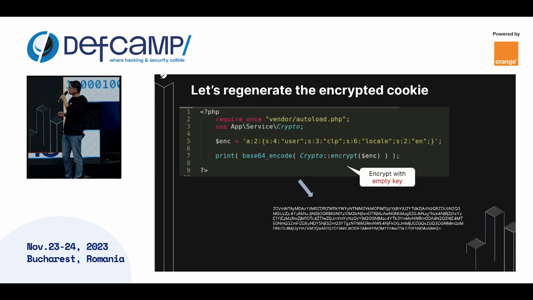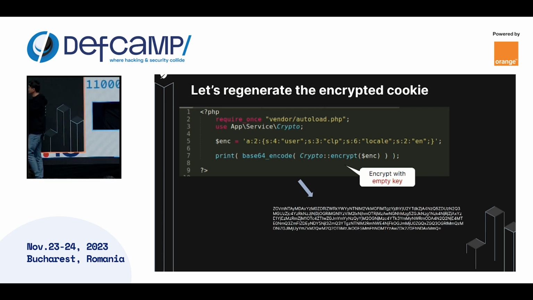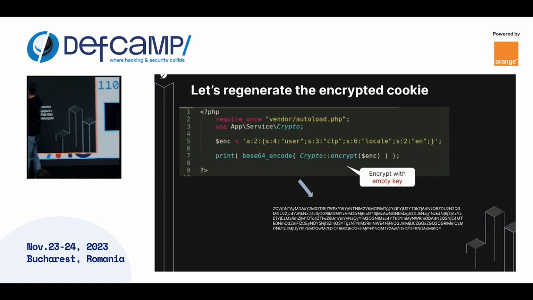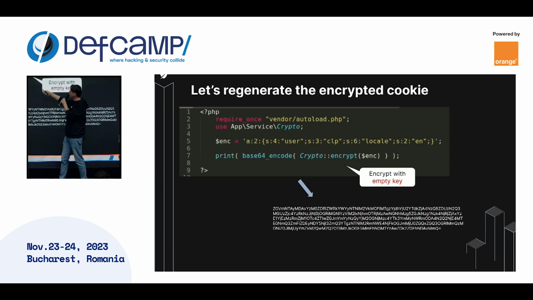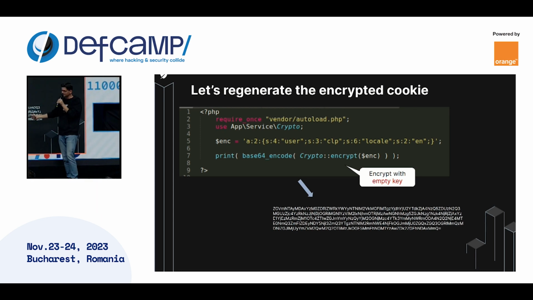And now we as attackers are able to regenerate that cookie and use it independently in our exploit. So this is a piece of code which does the reverse operation. It encrypts that cookie, encodes it in base64, and we just obtain this cookie value from here.